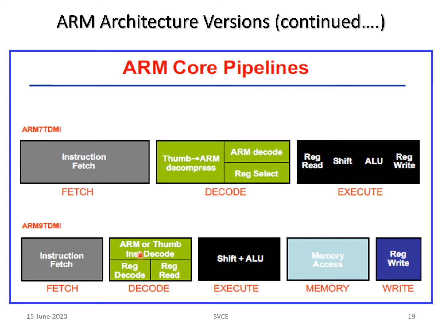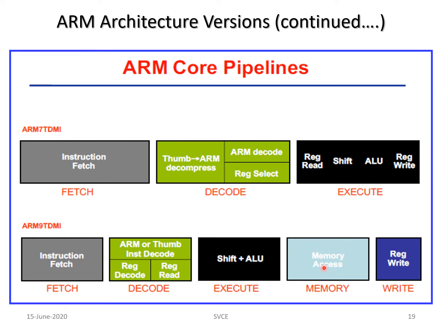So these additional stages are available at the cost of additional hardware. Because of this additional hardware, the decoding operation is done very quickly. And when it comes to the execute stage, comparatively it is not consuming as much time as the decode stage. So it gives the output.